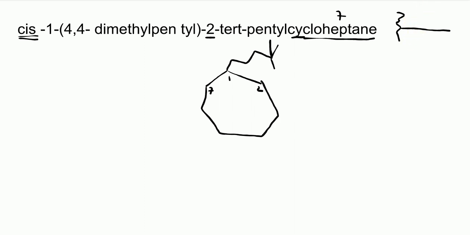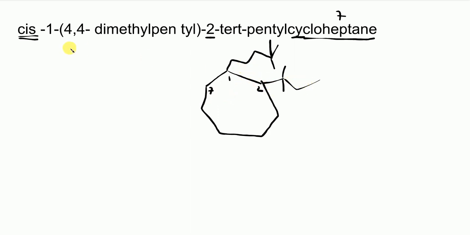So on 2, I draw this, and then it has this and this. I've used up 3, so I need to add 2 more: 1, draw it downwards, 2. So that's what I have right now.